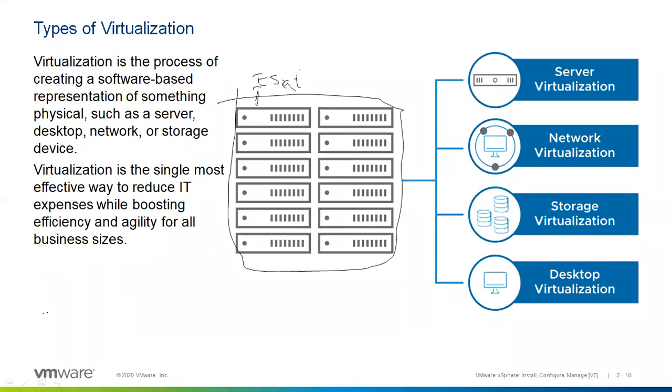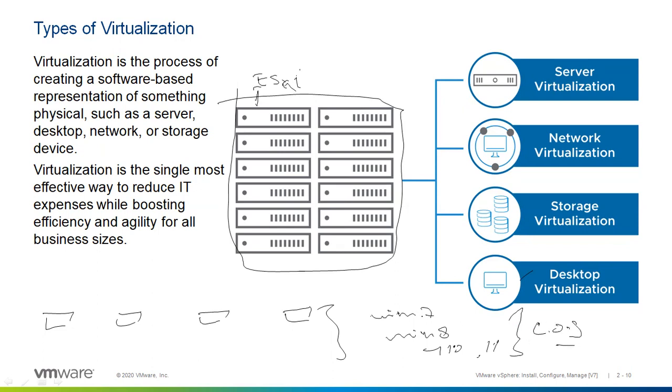Instead of using dedicated physical servers or physical desktops, you may get confused between desktop virtualization and server virtualization. Normally the desktop or client-based operating systems, like Windows 7, Windows 8, Windows 10, Windows 11, we call client operating systems, because these are normally used to access the interface and do basic tasks.